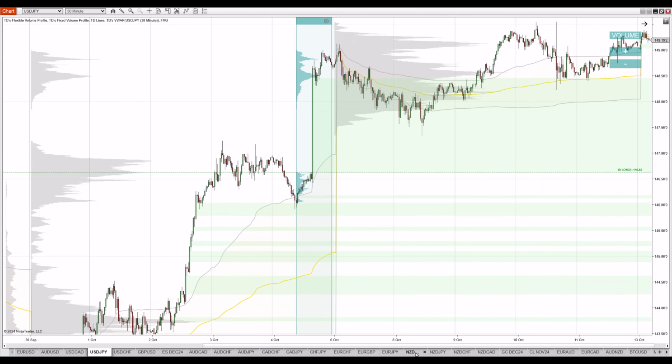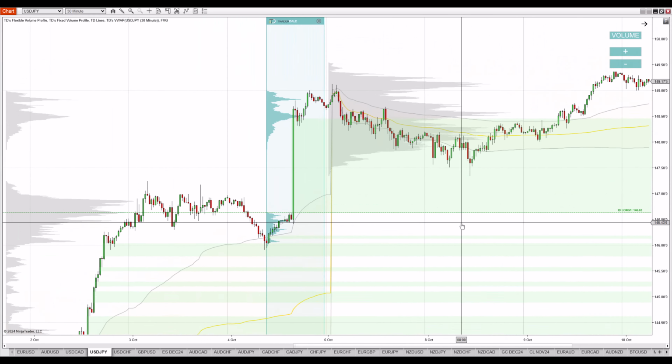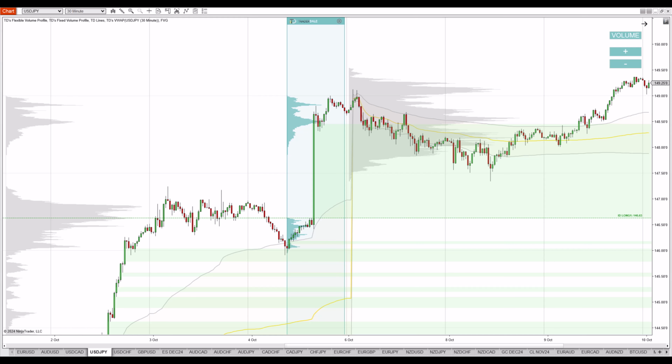Let me zoom this in a bit so you can see it better. Those are the heavy volumes which I'm talking about, and from this heavy volume zone the price soared upwards. So this is a place where buyers were active, building up their long positions before pushing the price higher.